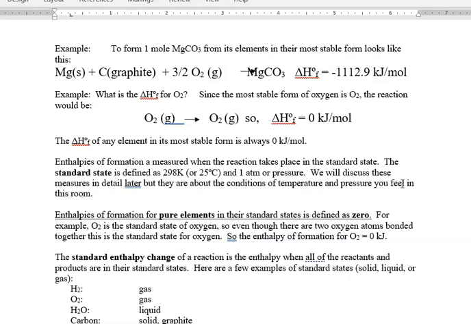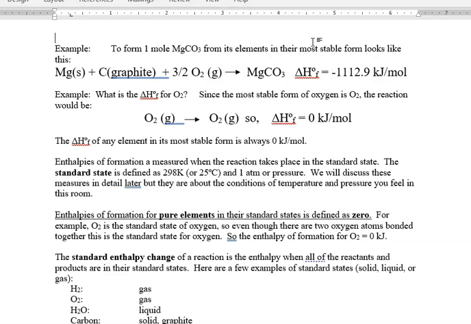So graphite is the most stable form of carbon. And then 3/2 oxygen, and oxygen in its most stable form is a gas. And that will give you MgCO3, and that produces a delta H of formation of negative 1,112.9 kilojoules per mole.